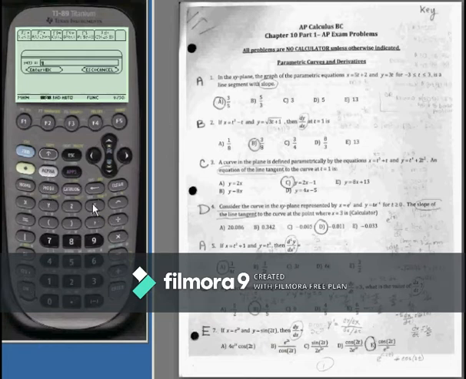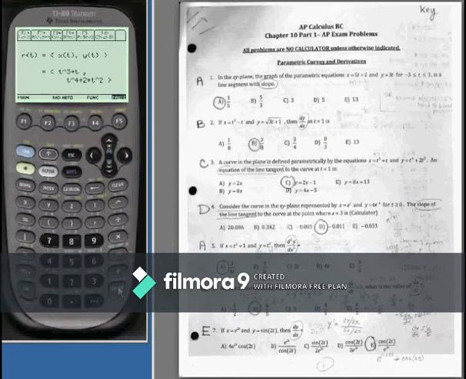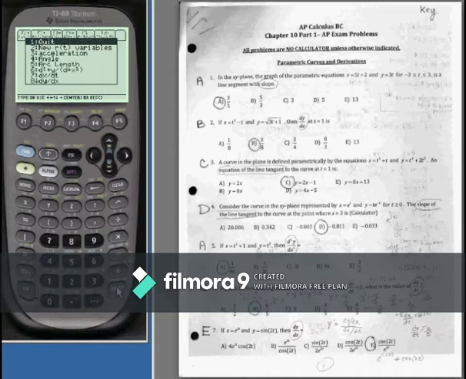Alpha t to the fourth plus 2 times t squared. Looks good. And what does it ask for? It's the equation of the tangent line.